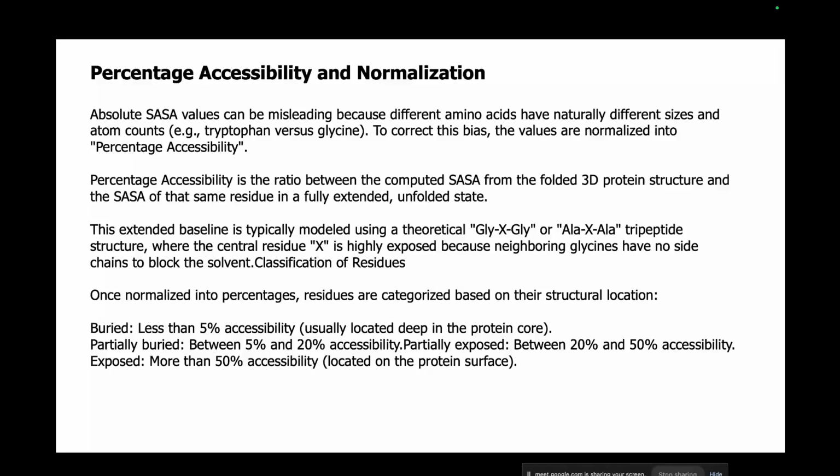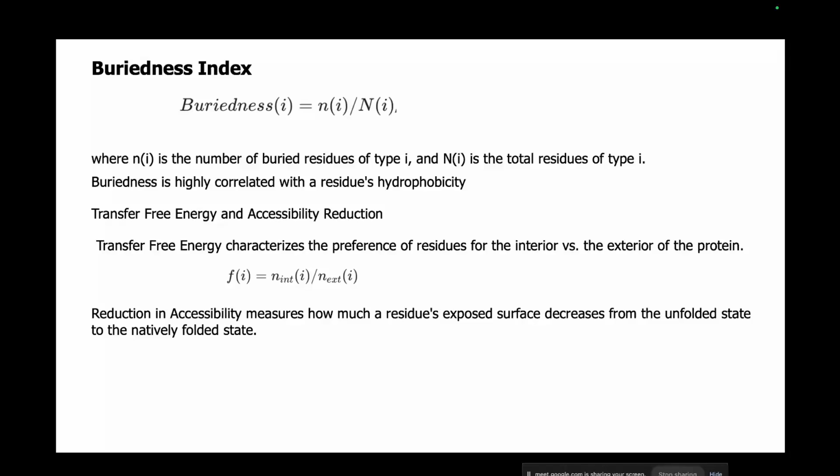It mitigates the bias of the size of the amino acid itself. If you have less than 5% accessibility, it is mostly buried. Between 5% and 20%, it is partially buried, and more than 50%, it is located on the protein surface. And this is how you calculate the buriedness index.